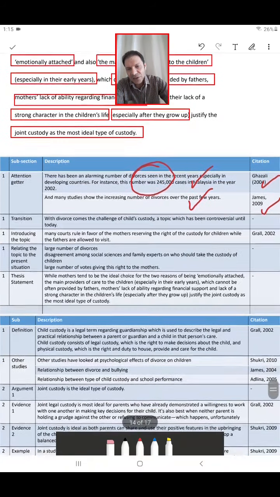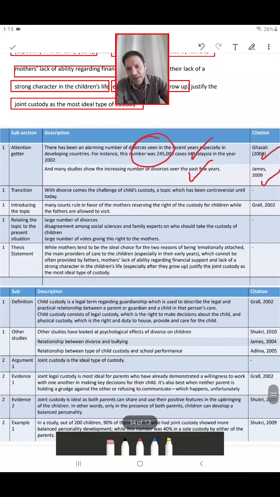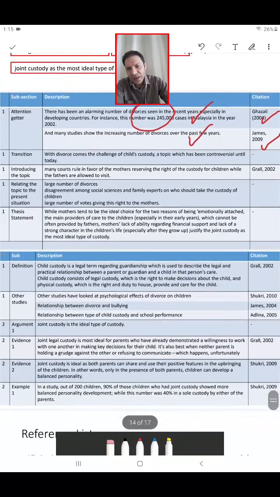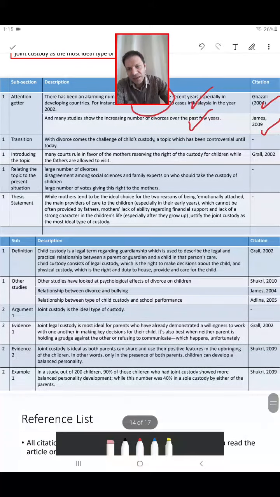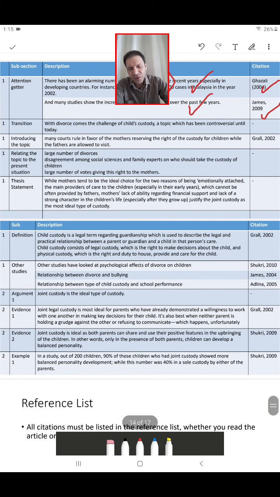Okay, and then you introduce the topic, relate the topic to the present situation. Thesis statement, of course, for the thesis statement, this is like the structure of your paper, so you don't need a citation for that. And then definition. Now, I would like to talk about the meaning of child custody, okay?